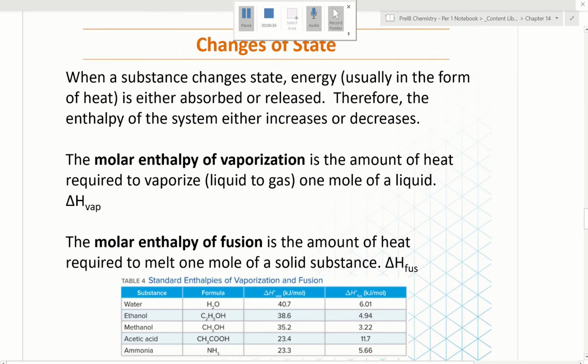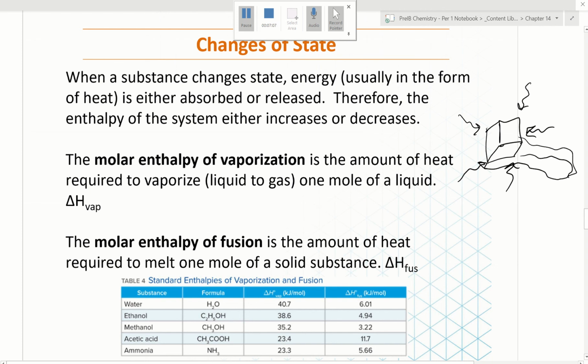When a substance changes state, energy, usually in the form of heat, is either absorbed or released. Therefore, the enthalpy of a system is going to either increase or decrease. So if we have something like a block of ice and energy goes into it, we know that that ice is going to warm up and it's going to create a pool of water around it because it's going to start to melt.